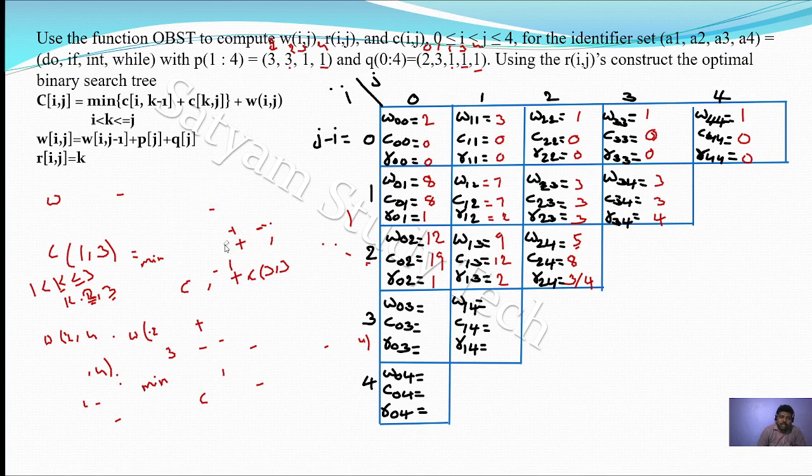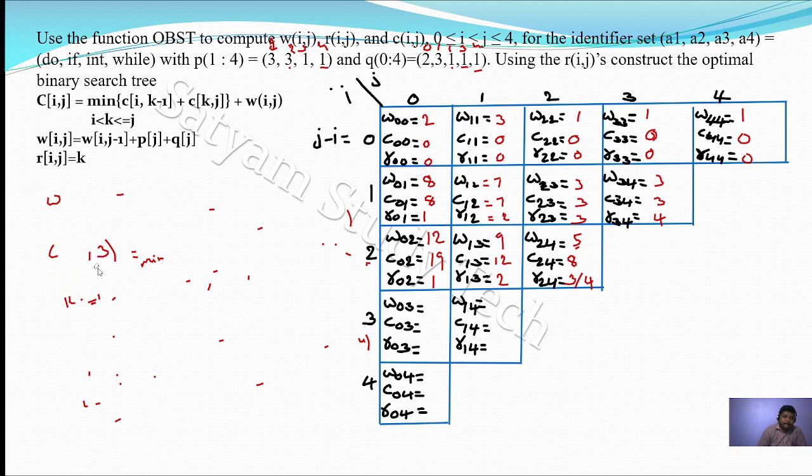Meanwhile we calculate W of 03. Very simple problem.